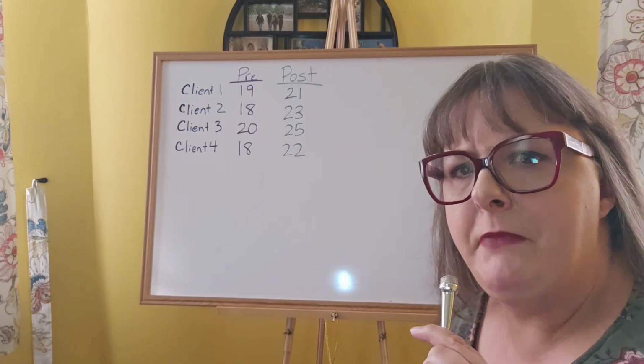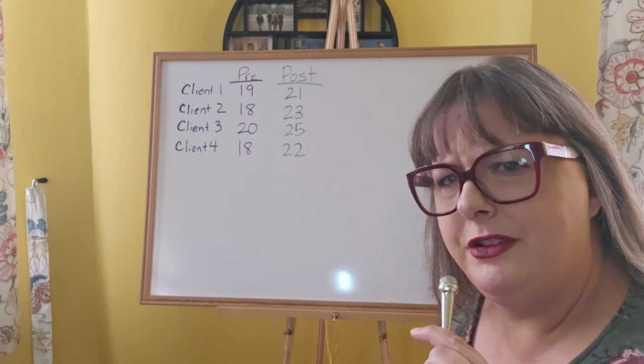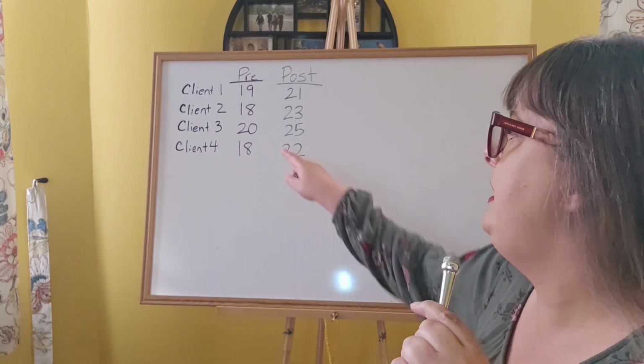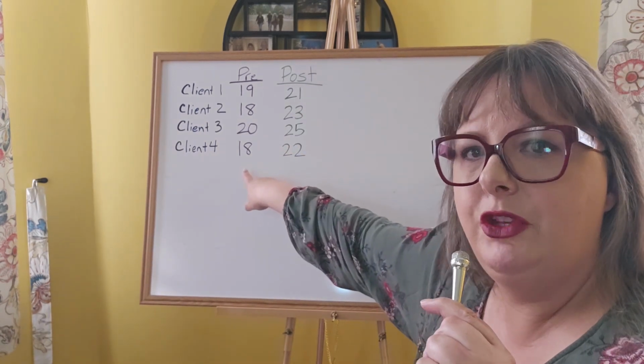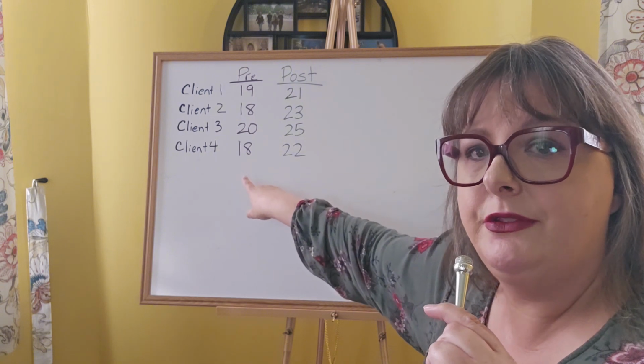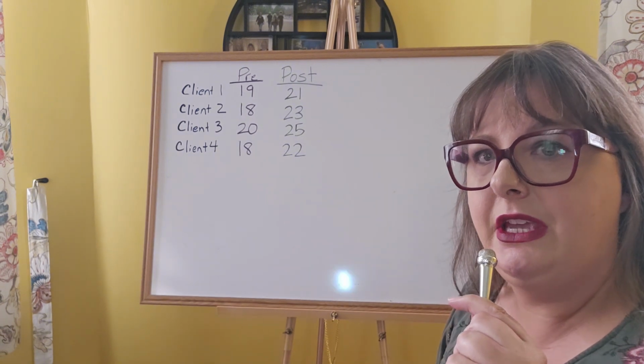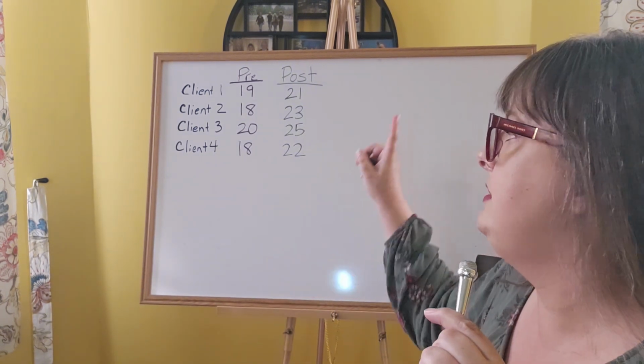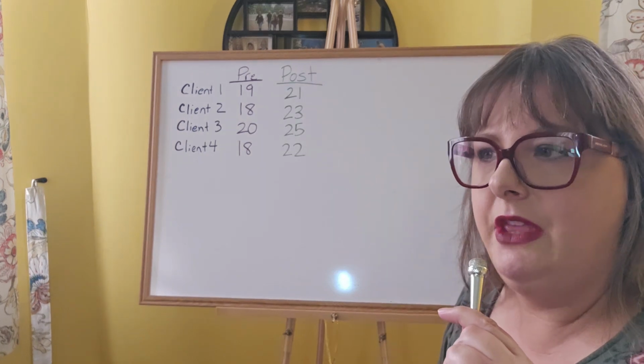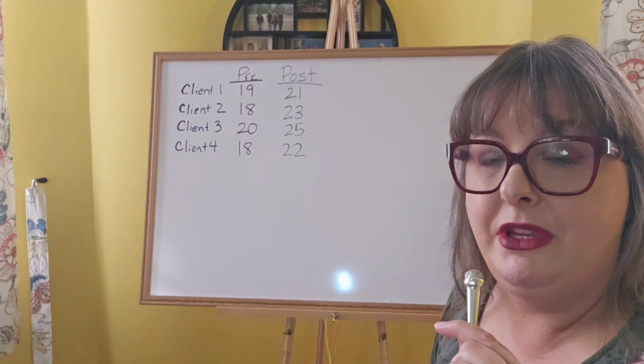We have to do a little prep work first. Previously, we used the actual individual scores for our computations. With a repeated measures t-test, we are going to compute a new set of scores that we're going to perform our computations on.